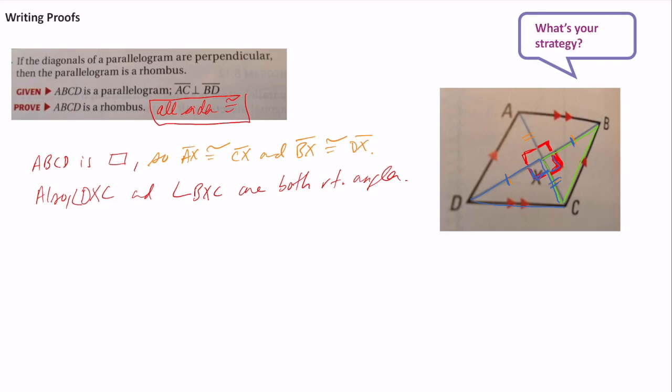So I know by side, angle, side, that those 2 triangles are congruent. So I know that triangle DXC is congruent to triangle, let's match it up correctly, BXC, because of side, angle, side, right?